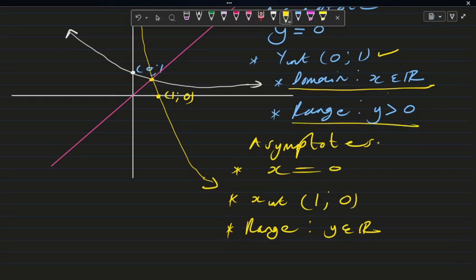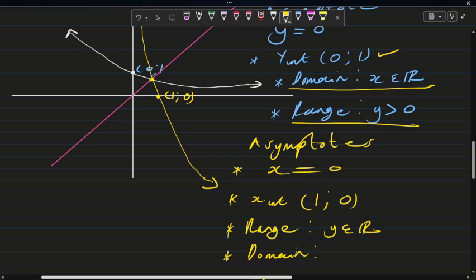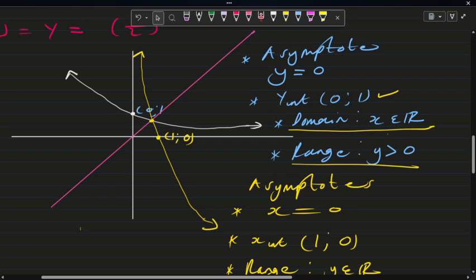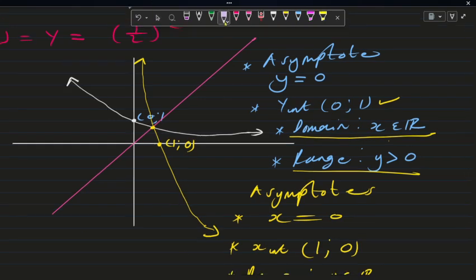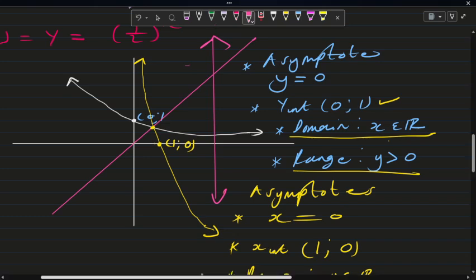The range of the function is the domain of the inverse, so the domain of this inverse function is x is greater than 0. We can see these restrictions on our graph: if we look at the yellow graph, there is no restriction on the y. This graph can go up until positive infinity and down until negative infinity as far as the y values are concerned.